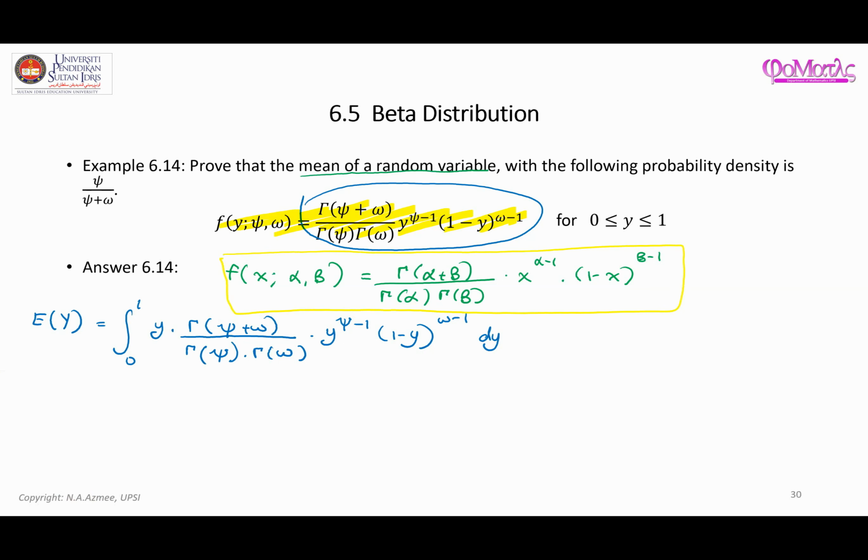Now I hope you can recognize that this part here is constant, and so you can take it out from the integral.